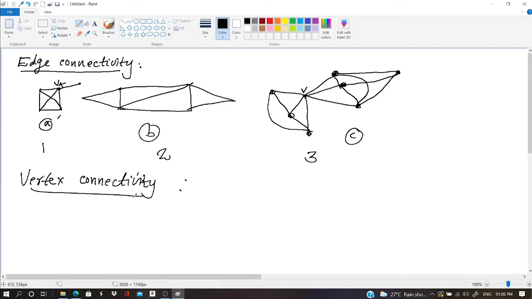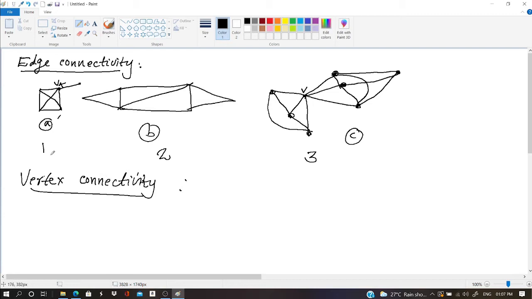Now, what is the vertex connectivity of a tree? In the case of a tree, the vertex connectivity is 1. If we remove any one of the vertices, then the tree becomes disconnected.